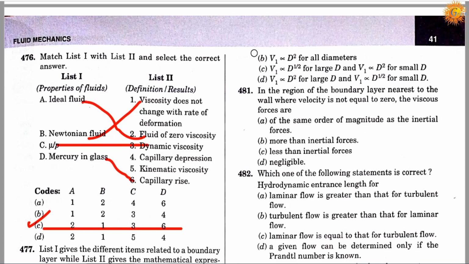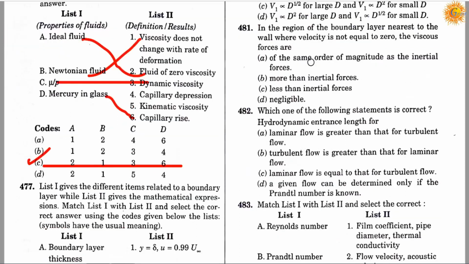So the correct answer is B, v1 is proportional to d square for all diameters.